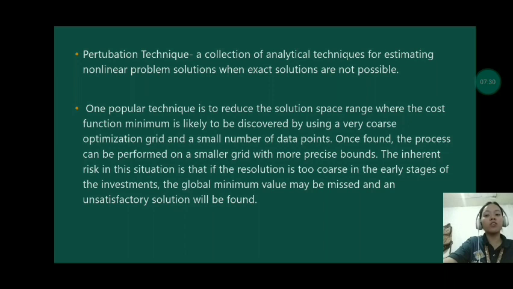This carries the inherent risk that if the resolution is too rough in the early stages, the global minimum may be missed and an unacceptable solution may be found.